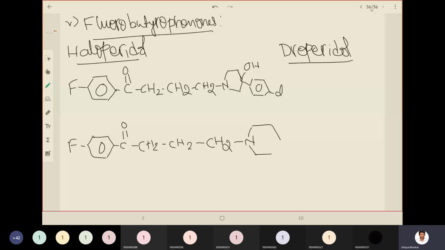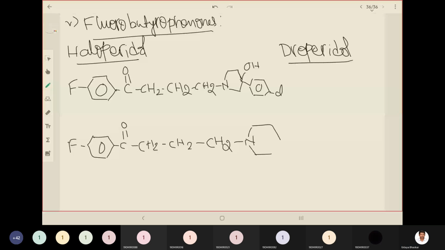Here it is a double bond, and further it is extended to include this one. So what is the structure fused here?